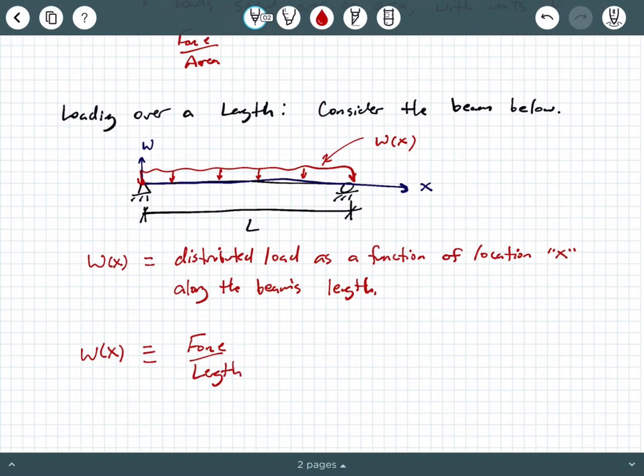And make sure you make a note, this is not W times X, it's W as a function of X. This is function notation. All right, so if you have this distributed load that has units of force spread out over this length, how do we get what the total load is on the beam?